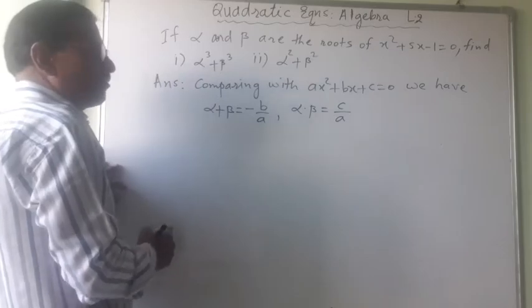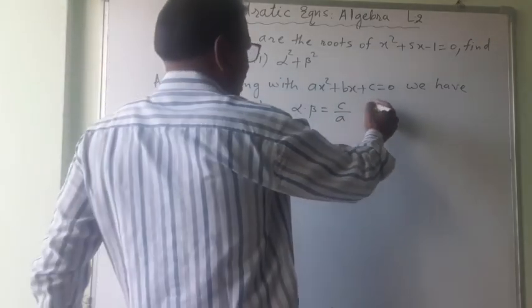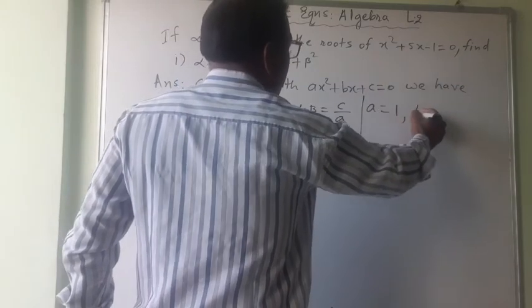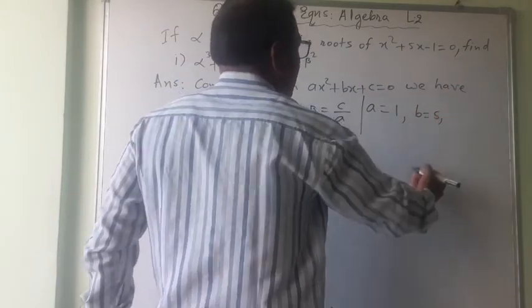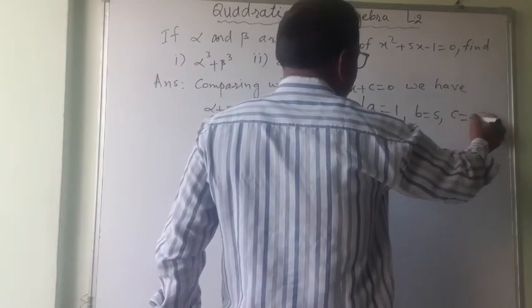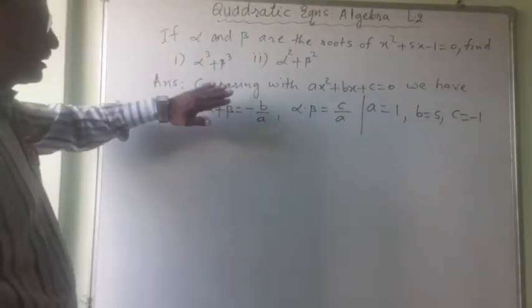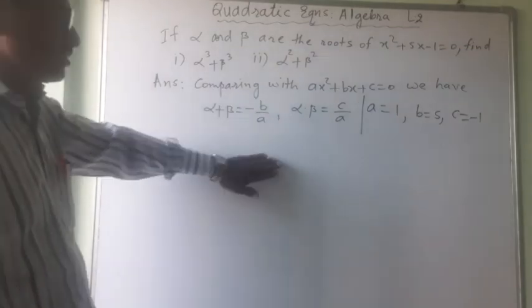This we know. What is a and b? Compare this: a equal to 1, b is equal to 5, and c equal to minus 1. This is what we have. As the space is less, I am just trying to save the space.